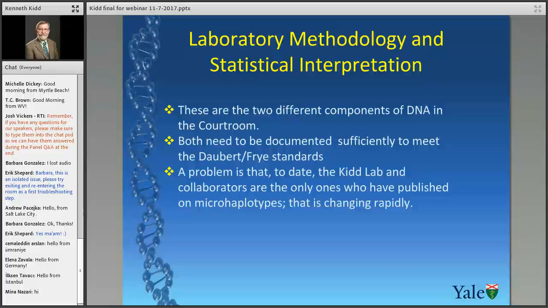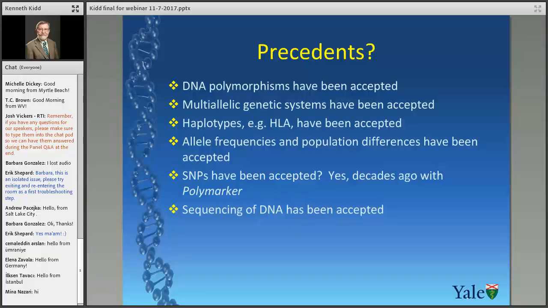The problem as of today is that my lab and the collaborators I've mentioned are the only ones that have really published on microhaplotypes to any extent. But that is changing rapidly, and I know that there are papers in press by other groups, and as you'll hear later today, in the works right now.